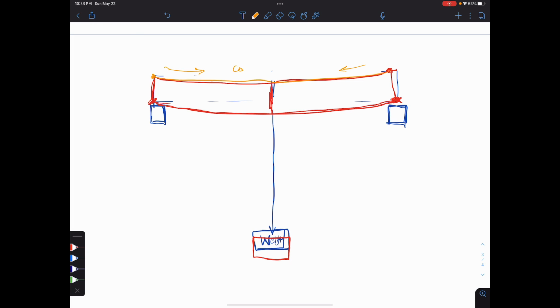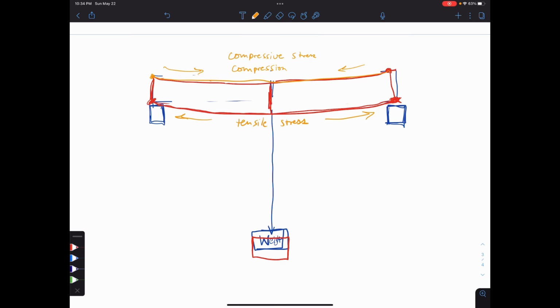And you might remember I told you that was called compression or compressive stress. Okay? And the bottom of the beam has the opposite happening to it. It's being stretched. Let's do it outside of the beam. So it's being pulled like that. Okay? And it's getting longer. And so it has tensile stress. Okay?